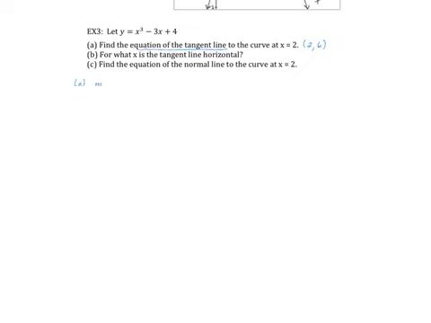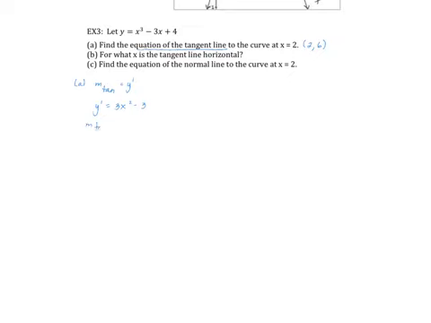The slope of the tangent line is just our derivative. So what we're going to do is compute the derivative y prime using the power rule. That's going to be 3x squared minus 3. And then we're going to evaluate this derivative when x is equal to 2.